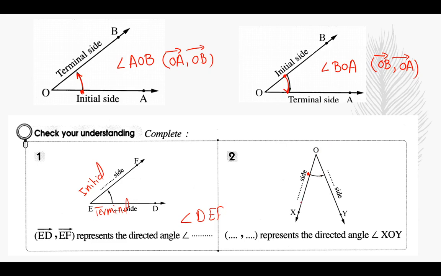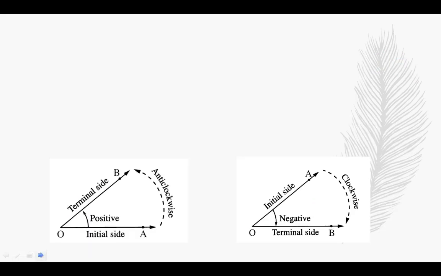So OX is the initial side, and OY is the terminal side. So you can write OX initial, and OY is the terminal side. Okay, let's go to another slide.